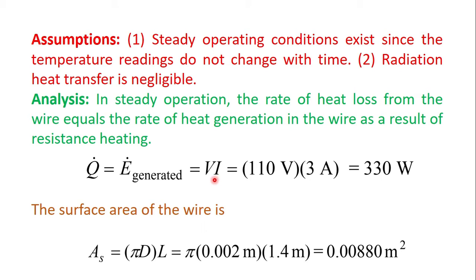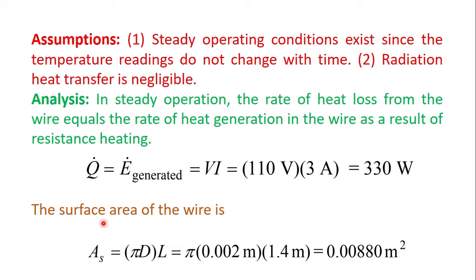The voltage is 110 volts and 3 ampere current is passing through the wire. After multiplying, you will get the value of 330 watts. This is the amount of heat generated through resistance heating in the wire, and the same amount of heat is lost from the wire through convective heat transfer.